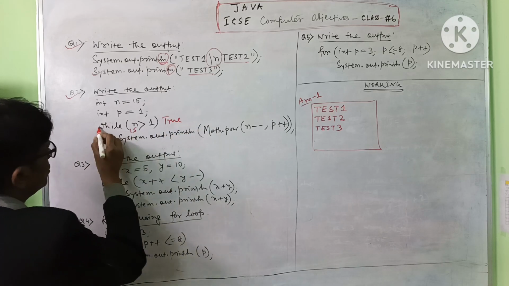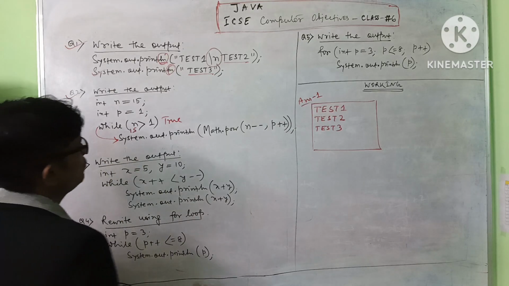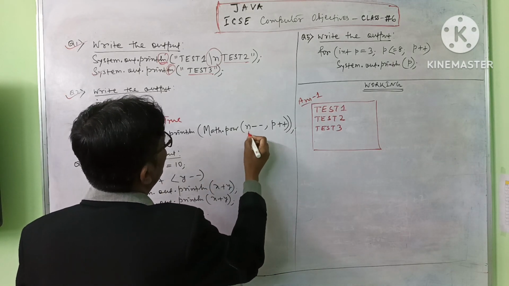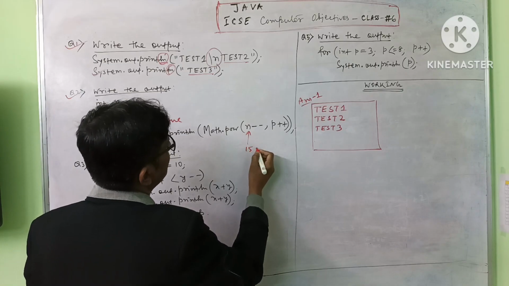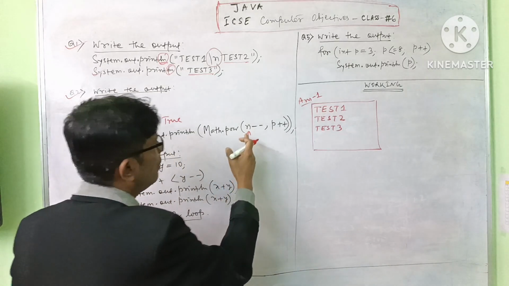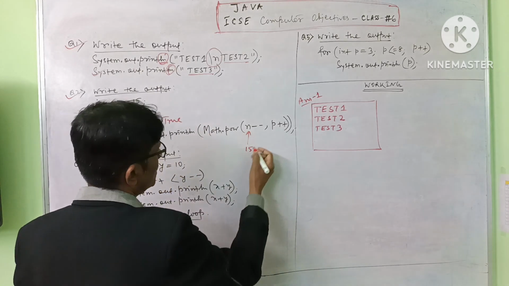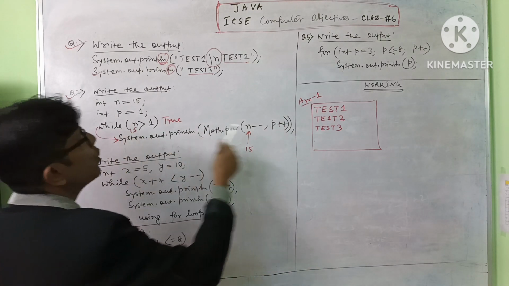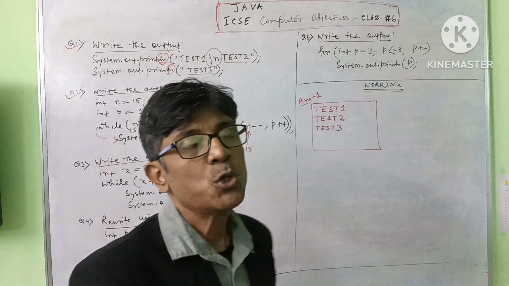If it is true, computer, you come down this line and do this. This will be Math.pow(n--, p++), value of n equal to 15. Minus means after doing the work, the value of n will decrease. P value is 1.